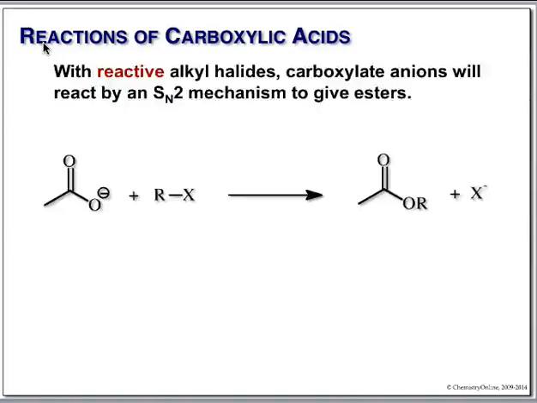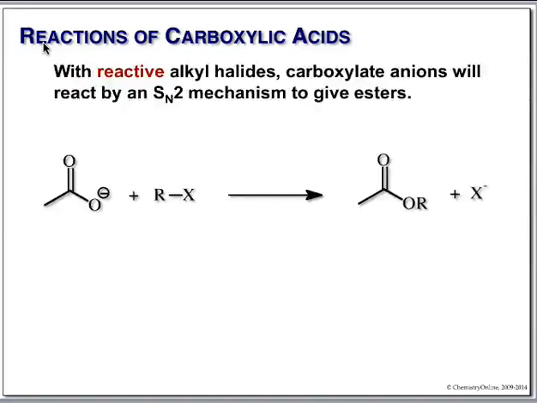Now we can also make esters using good old-fashioned SN2 reactions. Remember, the rules of SN2 still apply. So this is chapter 3 or 4 from last semester, where we're doing simple SN2 chemistry.